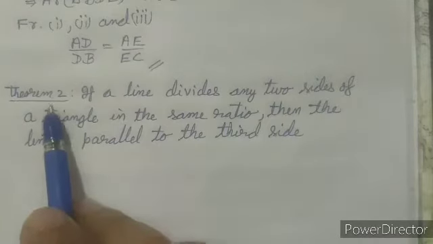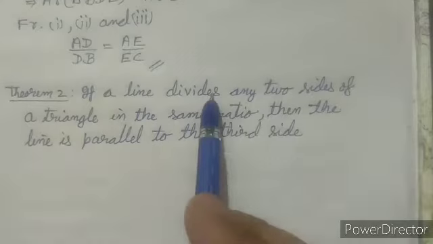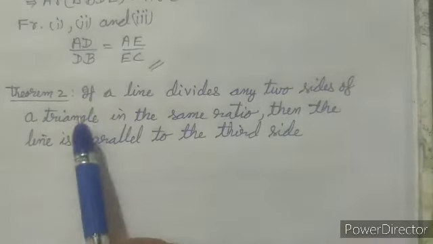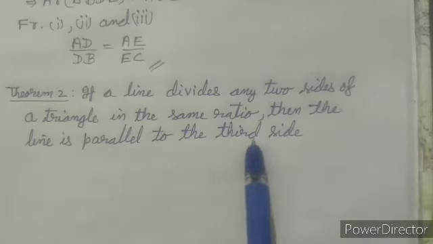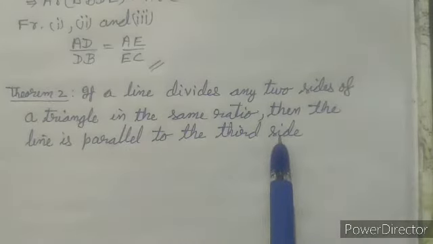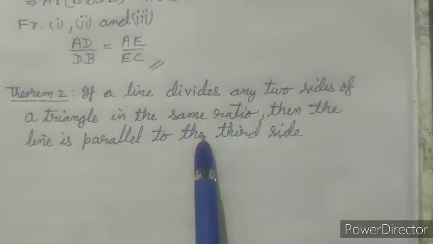Now second theorem of this exercise is, if a line divides any two sides of a triangle in the same ratio, then the line is parallel to the third side. That means this is converse of the previous theorem, or converse of basic proportionality theorem.